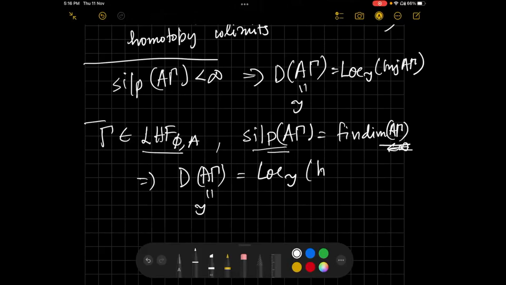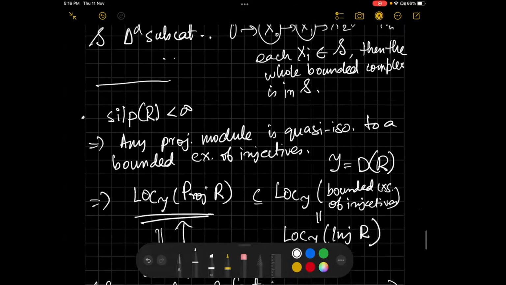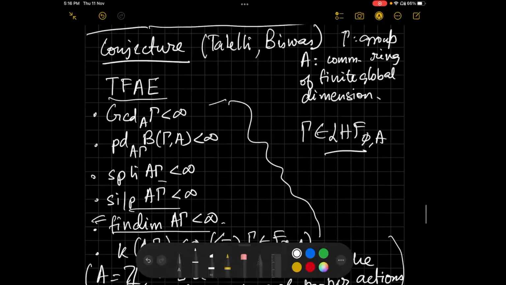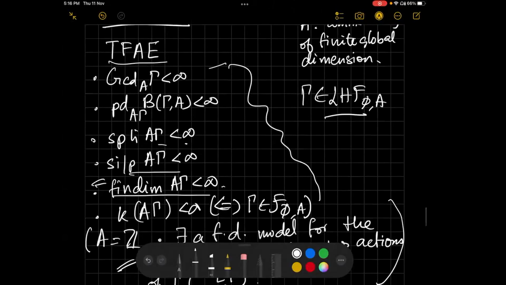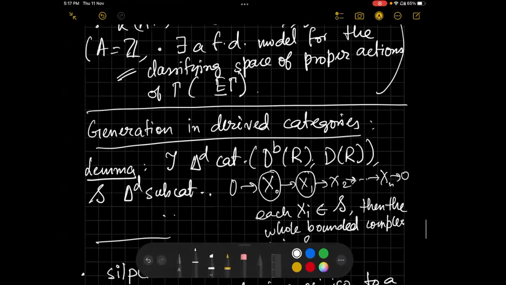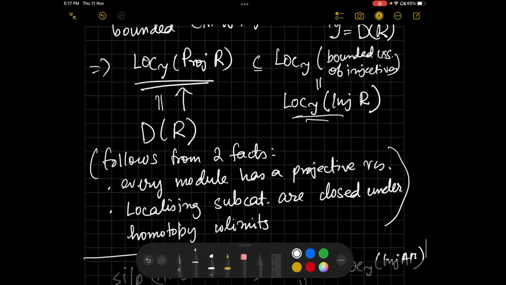But one remarkable thing here is that over group algebras, if the conjecture that I attributed to myself and Teleli is true, then SILP being finite should always be equivalent to the finitistic dimension being finite. So what it means is, if this conjecture is true, or at least this little part of it, then the finitistic dimension being finite, implying the injective generation of the derived category, should always be true for all groups.